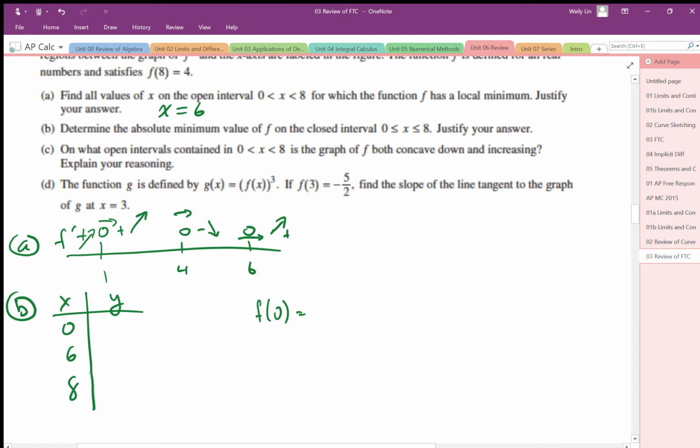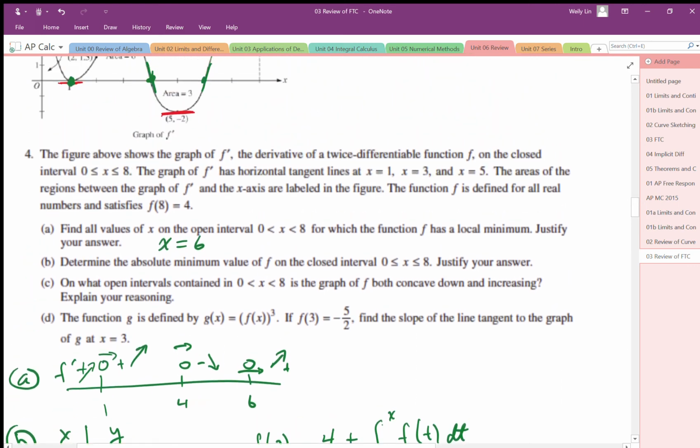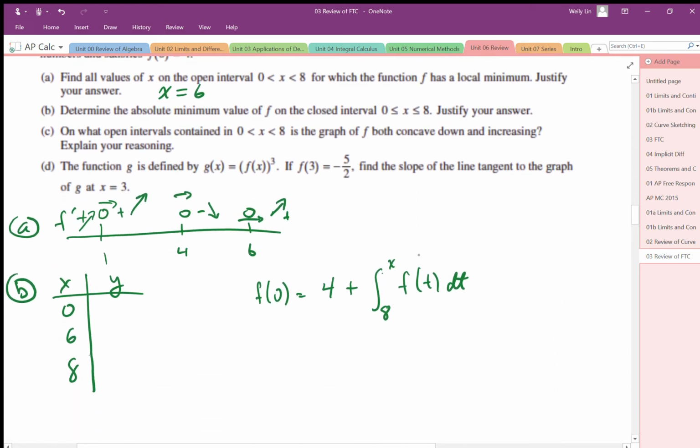We know it starts at 8, and we have a y value of 4, and my integral is going to look like this, starting at 8 to x of f of t dt. Do we call that f or f prime? We call that f prime. That's what we're looking for.